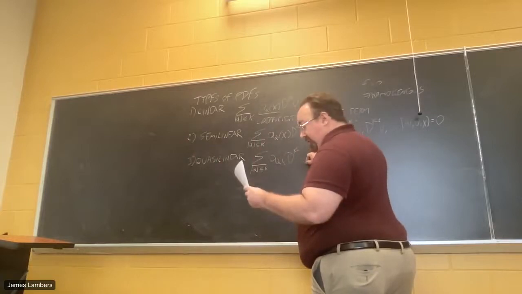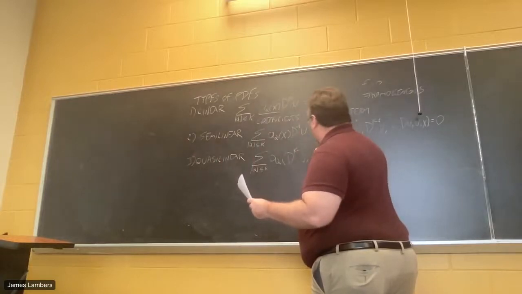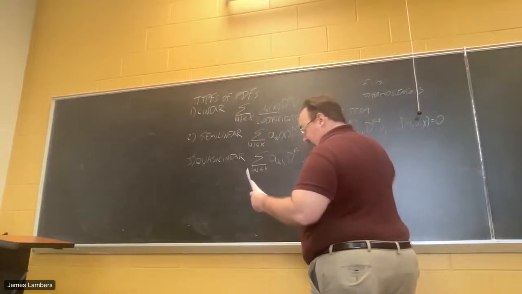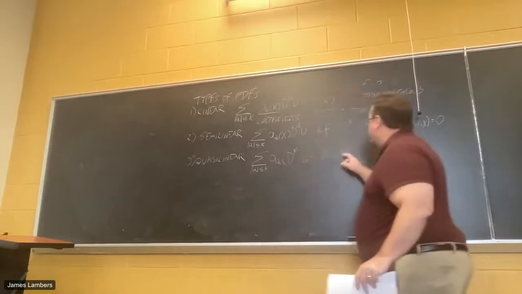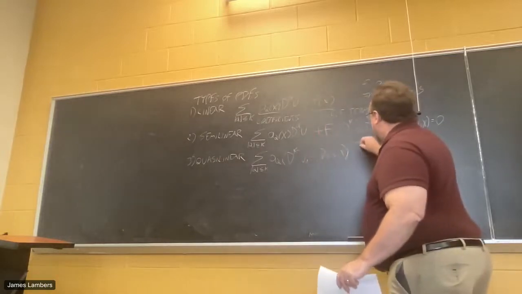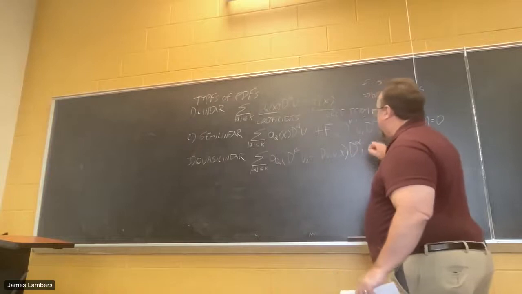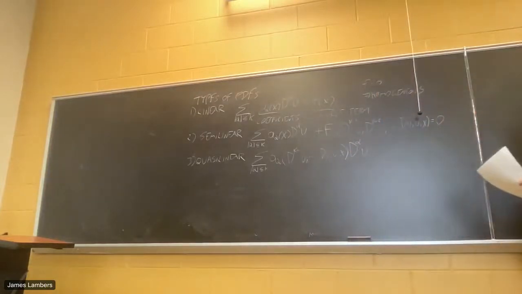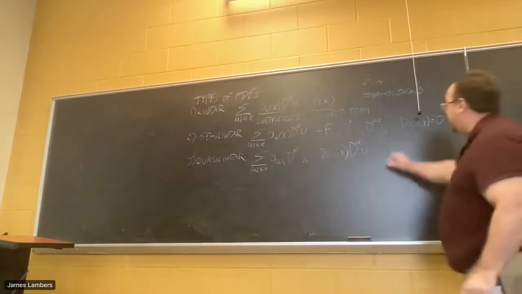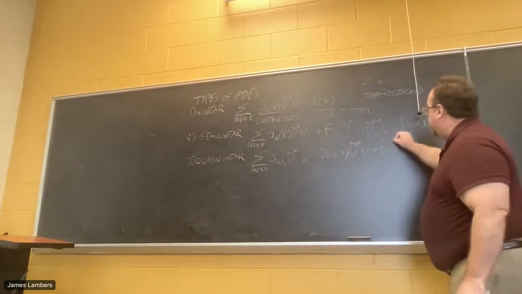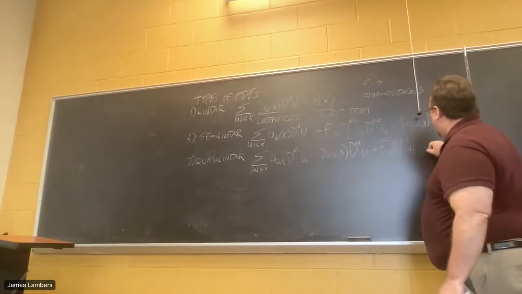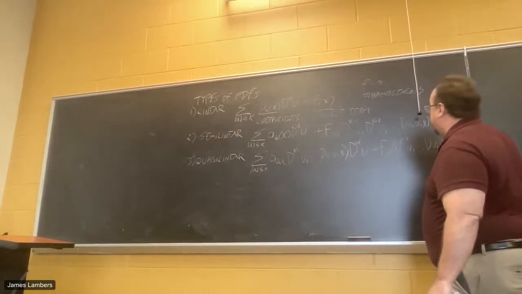So it can be a function of derivatives of u up to order k minus 1 again. All of this times the alpha. So the only time you can see a kth order derivative is right in here. Okay, and then the source term is the same as in the semilinear case.